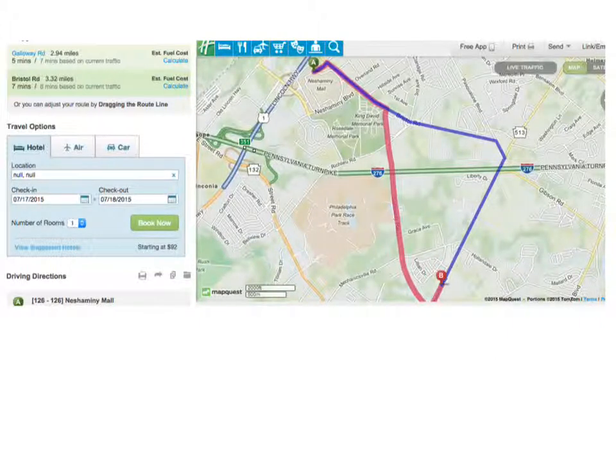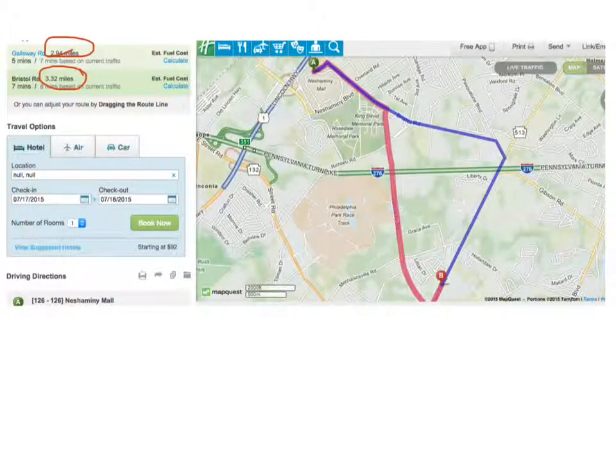Two of them are shown here, one in a reddish-pinkish color and the other in a bluish-purplish color. The bluish-purplish path is a distance traveled of 3.32 miles. Again, we are keeping track of how many miles we travel through on our way from one location to another. The pink one is 2.94 miles.